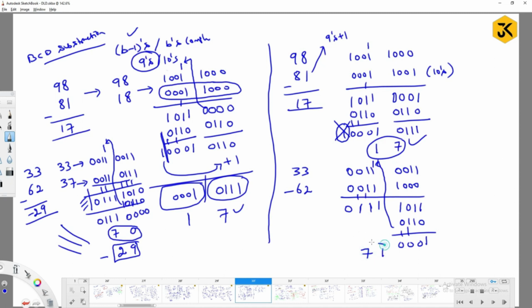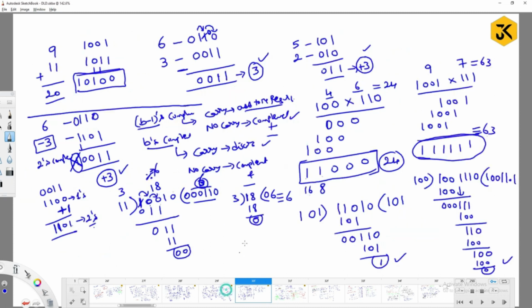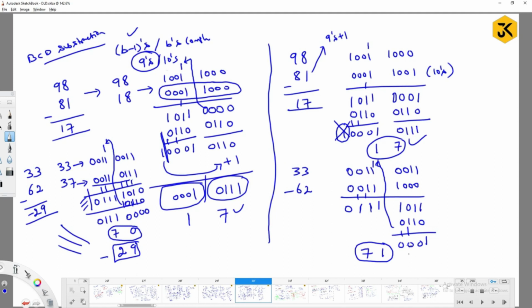So when there is no carry generated, what you have to do is make its complement. What is the complement of 71? The complement of 71 is 100 minus 71, which is 29, and from that you have to append a minus. So the result is going to be like this.